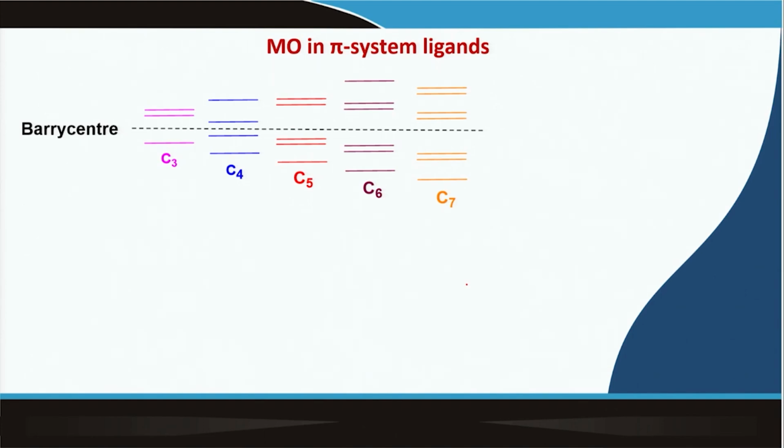Let's assume the pi orbitals of a ligand where only three carbon atoms, or four carbon atoms, are there. Then we will try to understand the molecular orbitals of the pi ligand system, find the matching orbitals of the transition metal, and understand the bonding between the metal orbitals and the pi orbitals of the ligands.